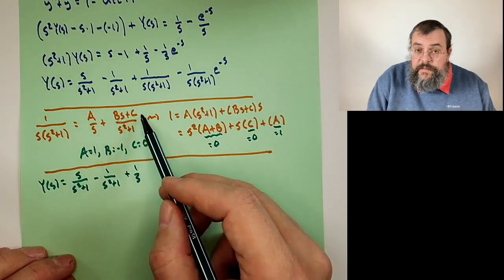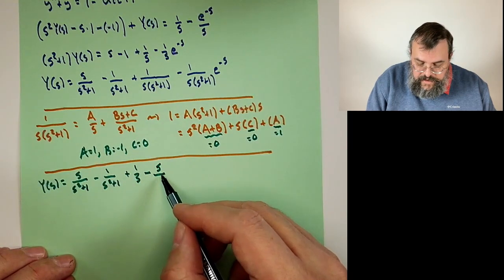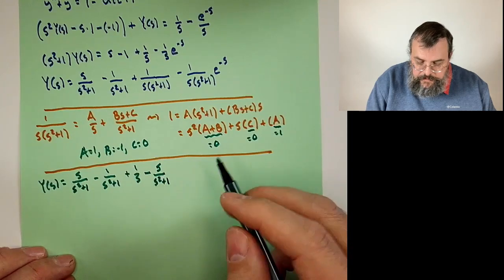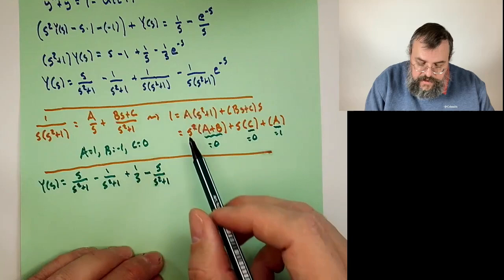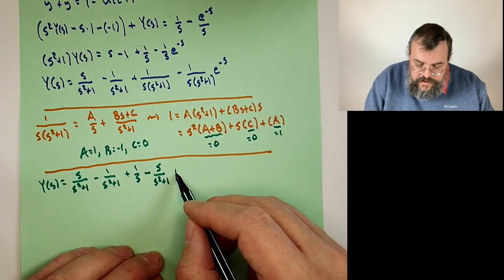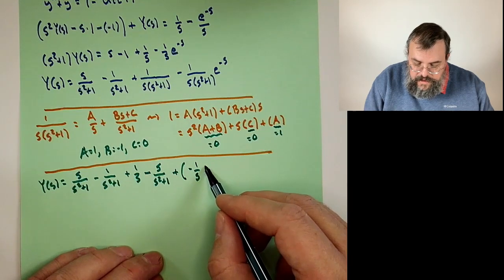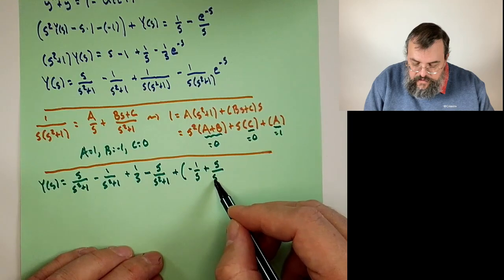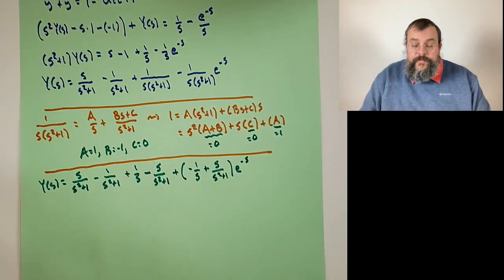And then Bs plus C will become minus s, so minus s over s squared plus 1. And then we have this other stuff. Well, we can put the minus through, so plus minus 1 over s and plus s over s squared plus 1, e to the minus s.